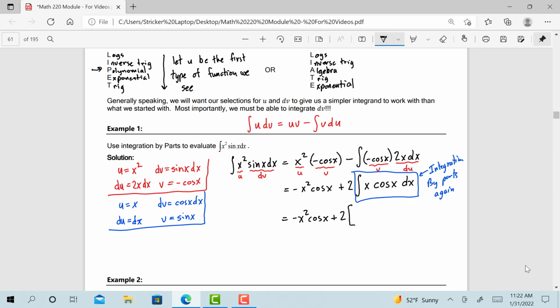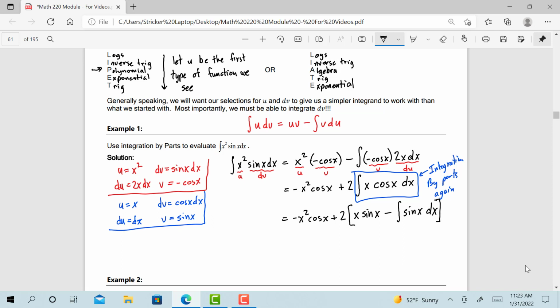So again, we have u times v. Well, u times v is going to be x times sine x minus the integral of v du. So minus the integral of sine x, that's v, and du is going to be dx.